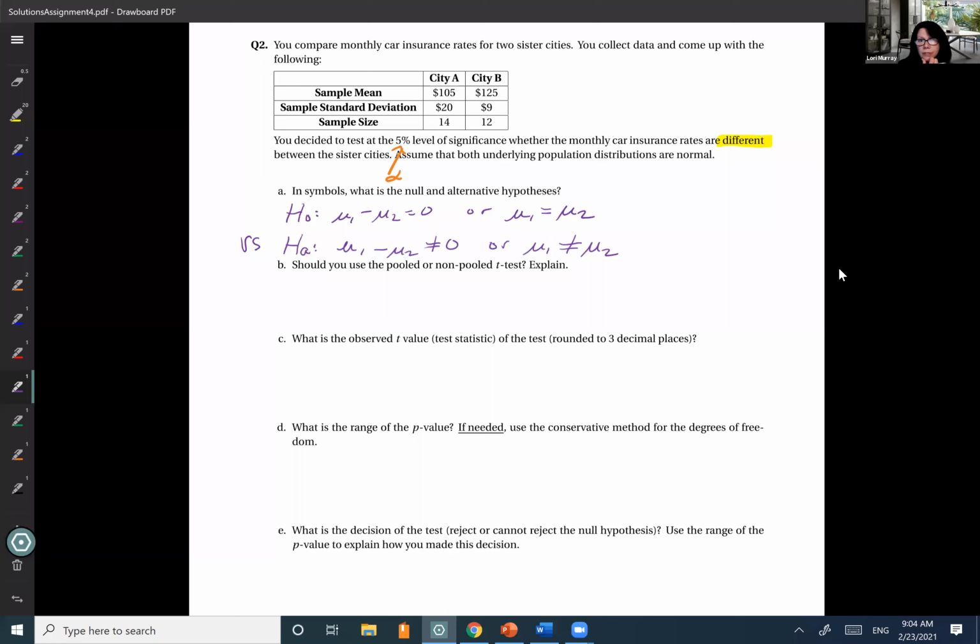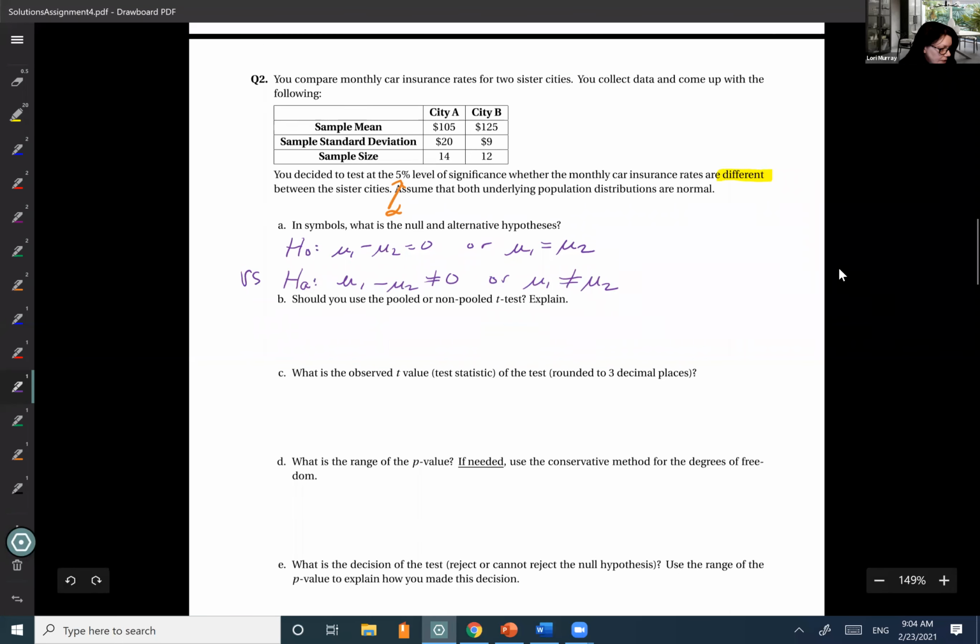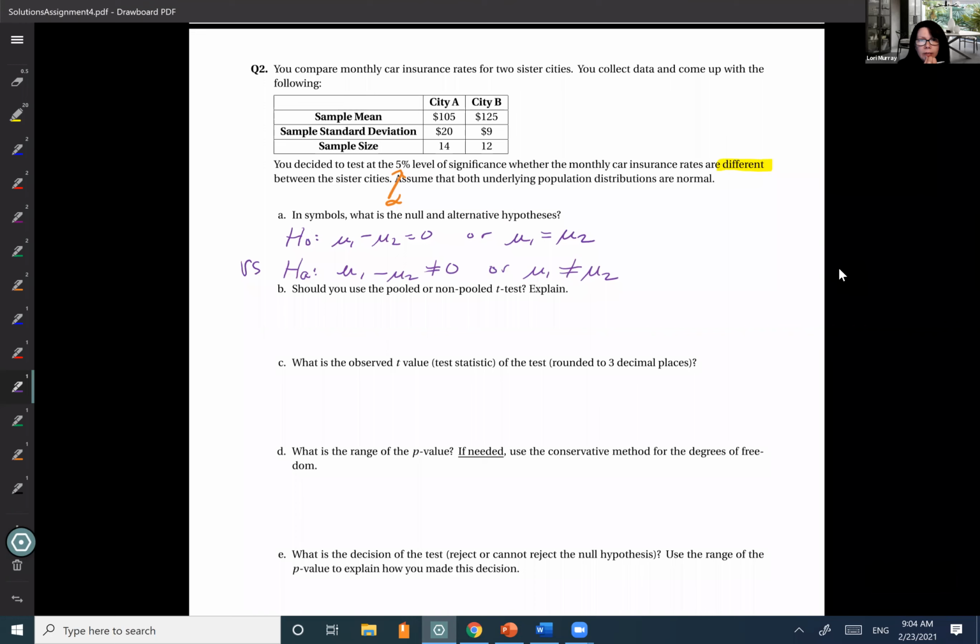And in order to do this, you really need to know the standard deviation. So a size of 14 came from city A, 14 insurance rates, and then 12 different insurance rates. So it's a random sample of different values with those averages and sample standard deviations 20 and 9.